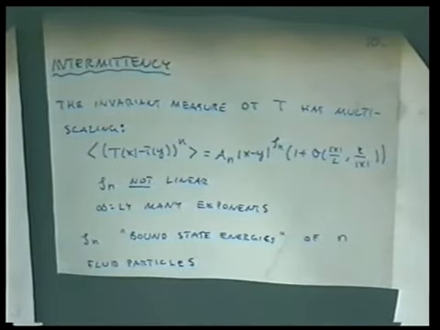So you have these n diffusing particles, diffusing in the same v with this particular u, which is statistically inducing correlations between them, and this will be actually more or less bound state energies in the motion of n fluid particles.